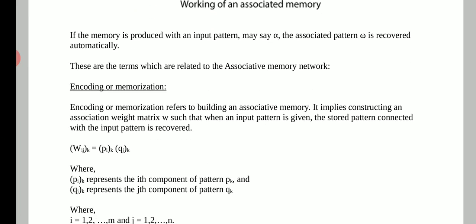We define something called association weight matrix W, such that Wij is Pi times Qj. Pk is the input pattern, Qk is the output pattern, and the build-up of the weight matrix is technically called encoding or memorization.